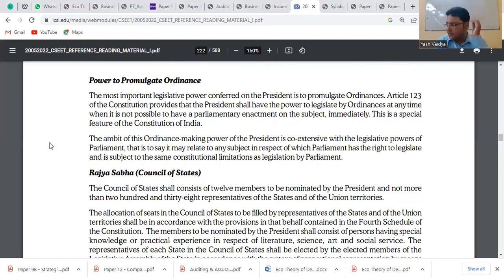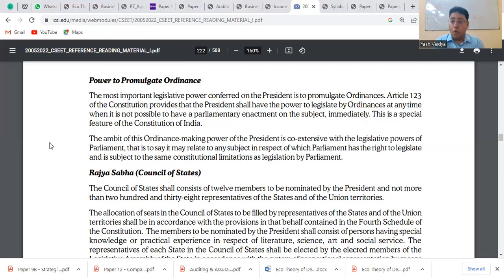Now, what they are saying is, suppose, see, first understand, Parliament doesn't work 365 days like us. We, the people who work in offices or companies, we work for 365 days, except Sundays. But Parliament is not like that. Parliament only works some of the days in the whole year, what we call the sessions.